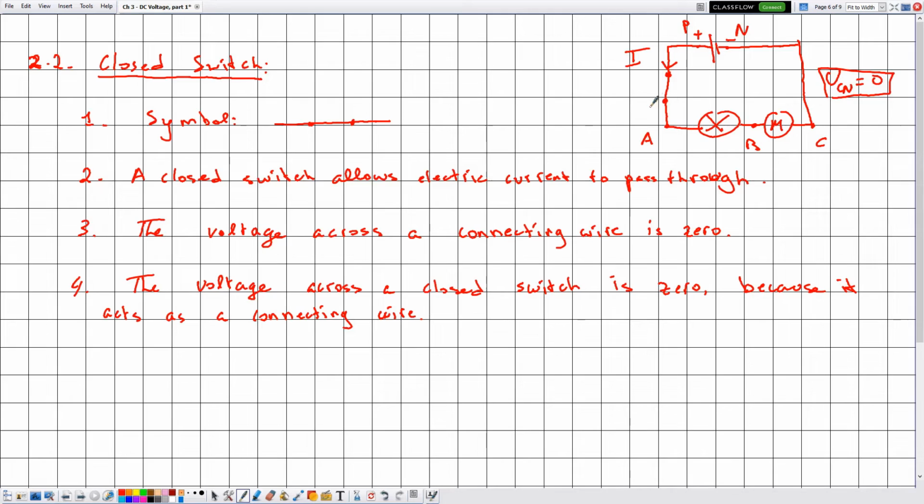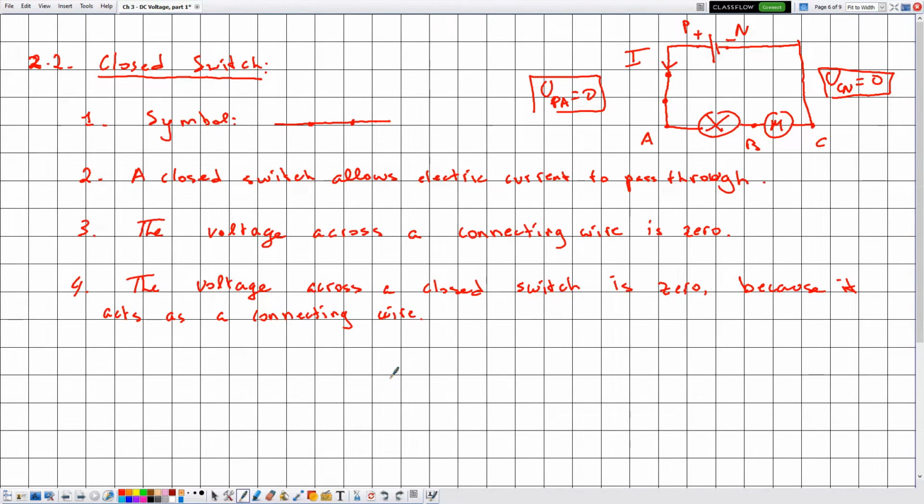And now we can ask the following question: what's the voltage across the switch, across the terminals P and A? Now notice that this switch is a closed switch, therefore UPA is equal to 0, because the voltage across a closed switch is 0, and this is because the closed switch acts as a connecting wire, and we know that for a connecting wire the voltage is 0.